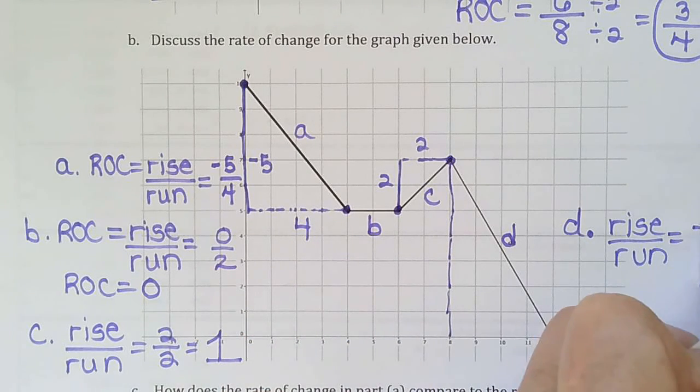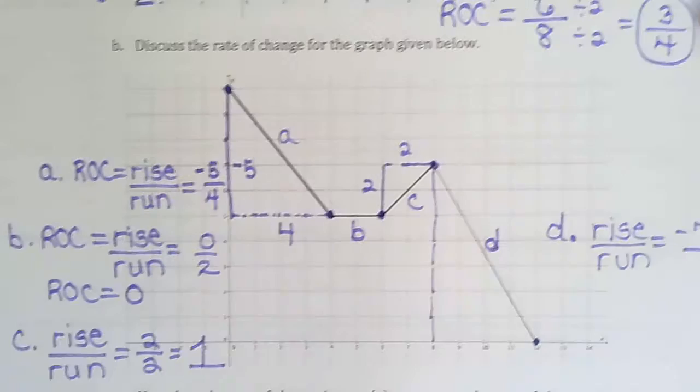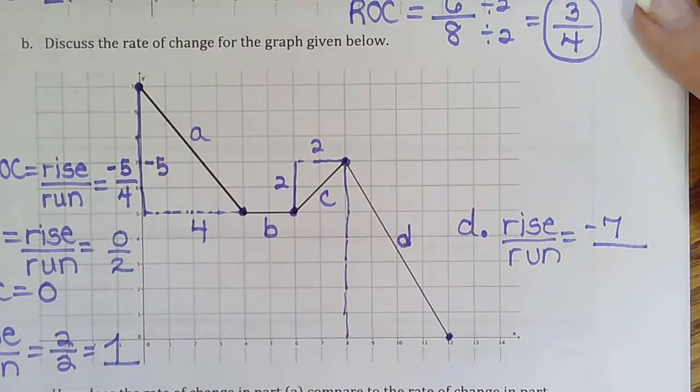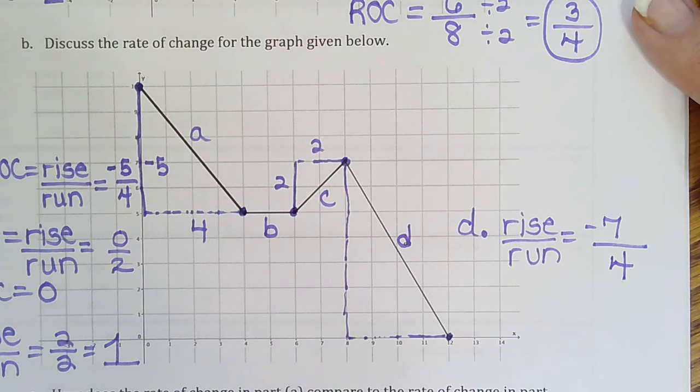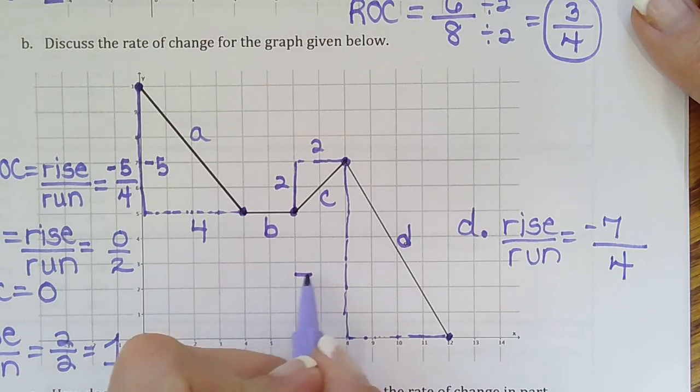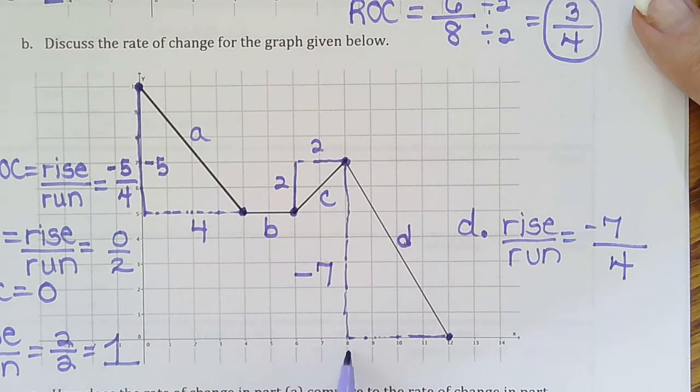So down 7 means negative 7. And we're running 1, 2, 3, 4. So negative 7/4 it is. Down 7, going from left to right, run 4.